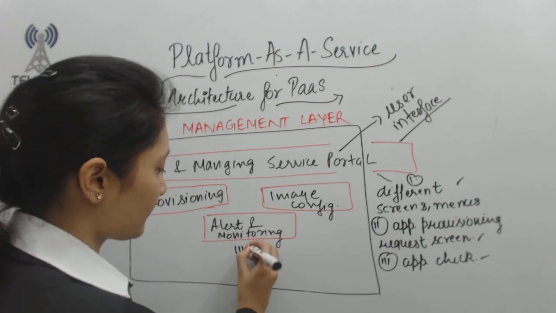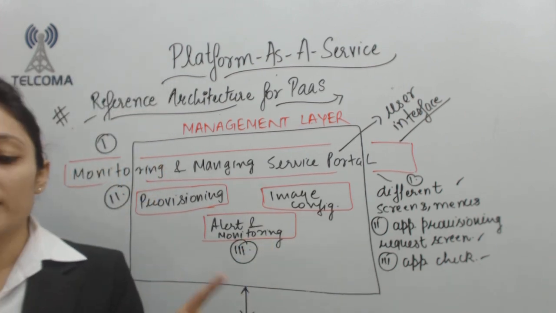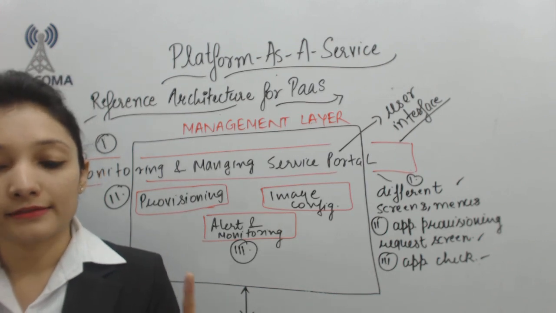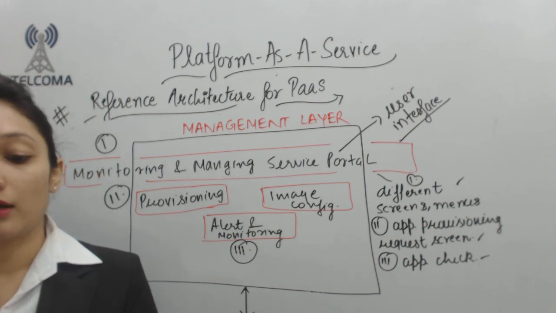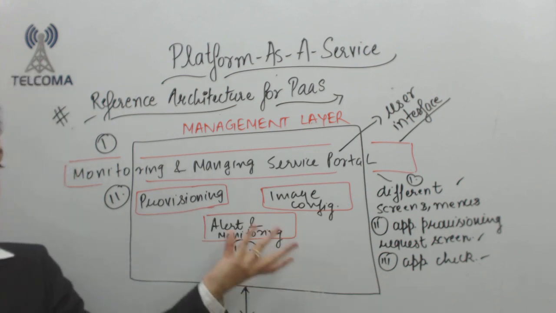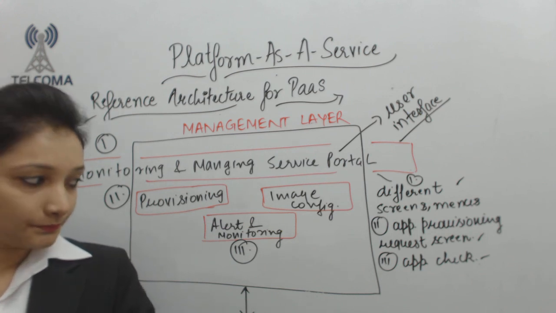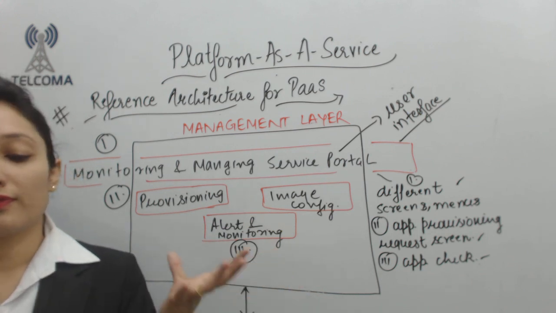Now this alert and monitoring component specifically monitors the executions of the applications and alerts the stakeholders for any failure. So this is simply responsible for monitoring and then alerting the above authorities in case of any failures.